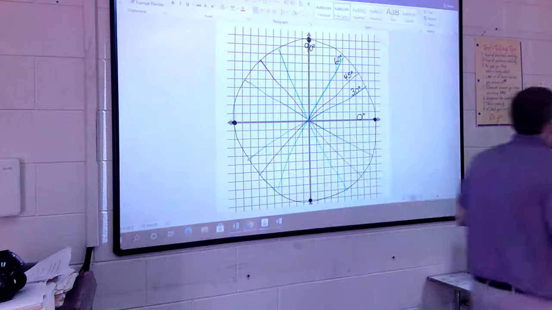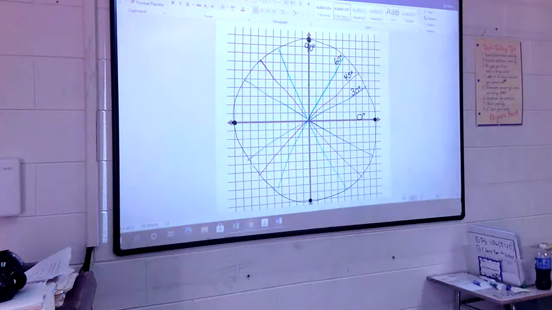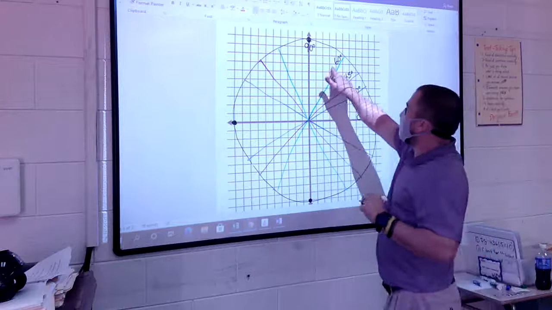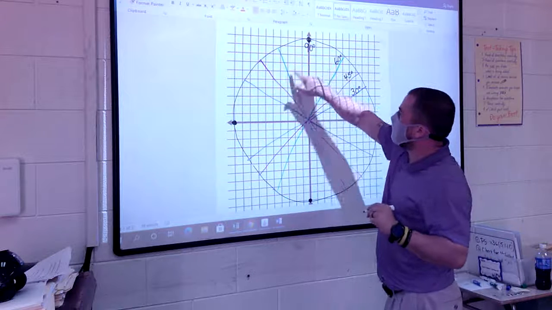We go to the next line, which would be the green. How many degrees are we at? Think about how far away it is here and how far away it would be here.